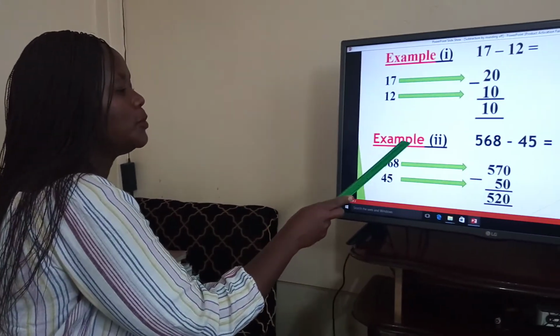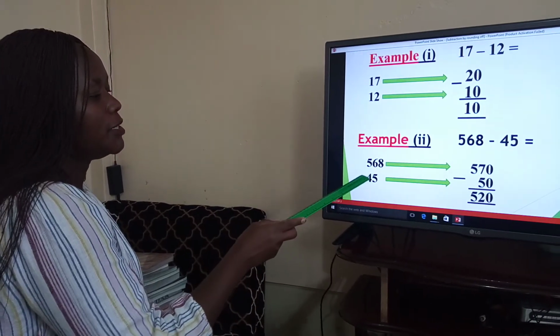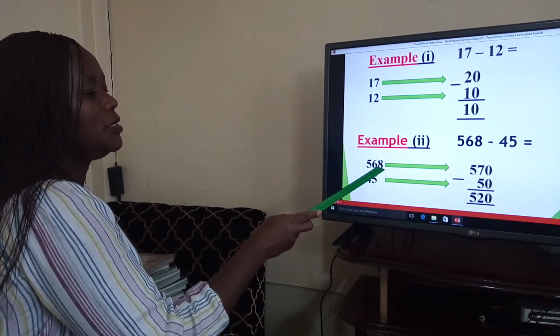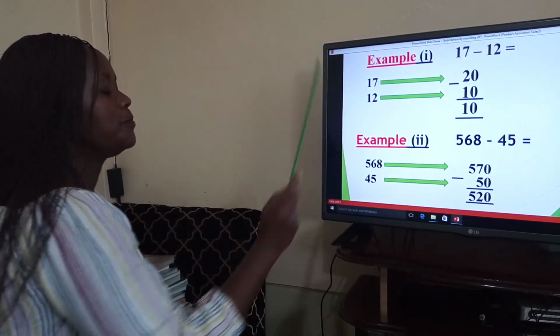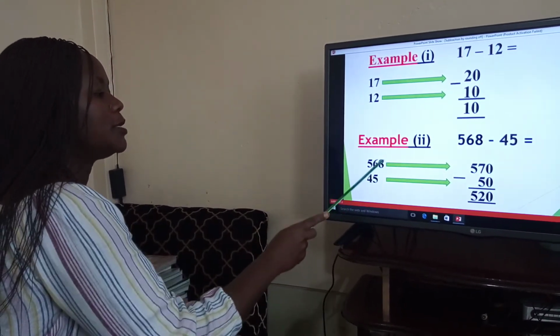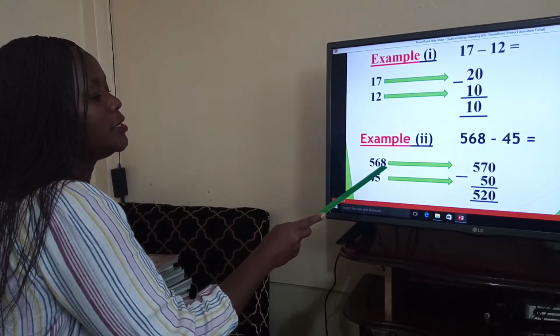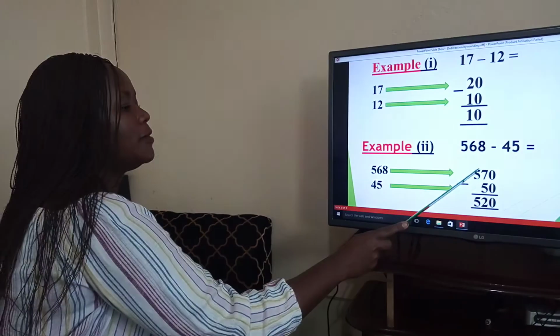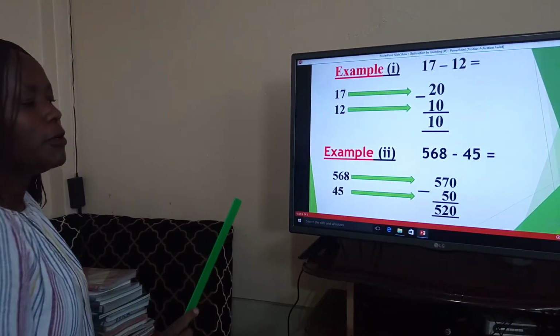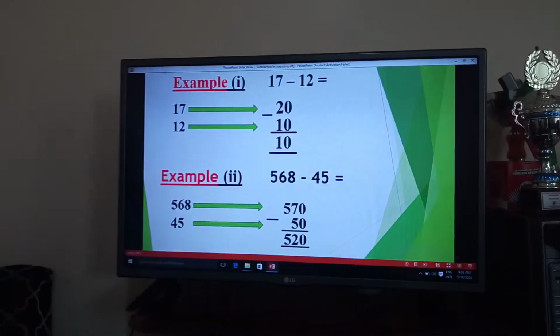In example 2, I prepared a bit bigger numbers, 568 take away 45. We first round off the two numbers. What is 568 rounded off to the nearest tens? Girls, it becomes 570, following the rules that we learned before.